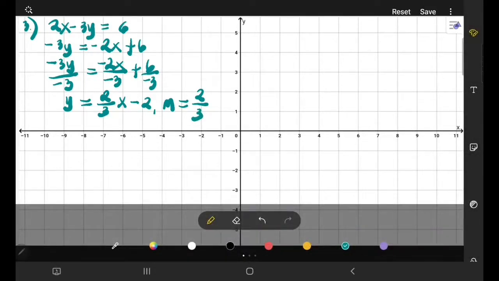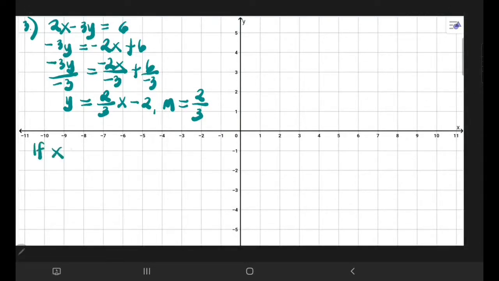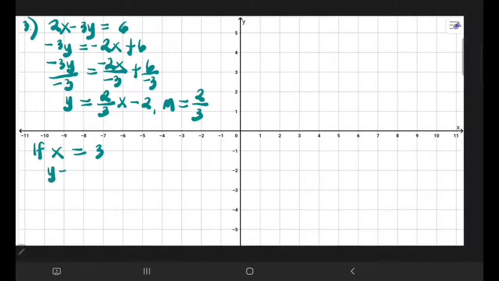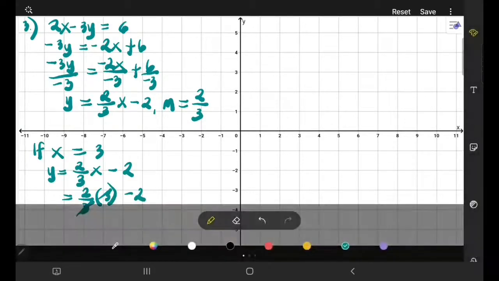And then, let's find another point. To find another point, we'll let x still be 3. Class, it's not always 3. It's just that the denominator is 3. You can directly cancel that out.